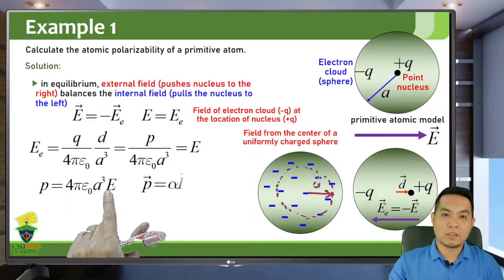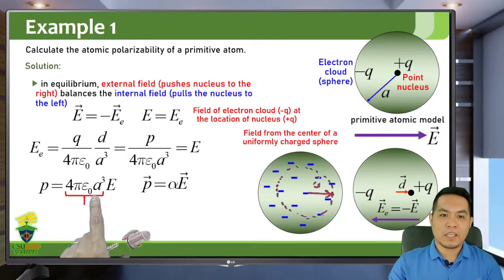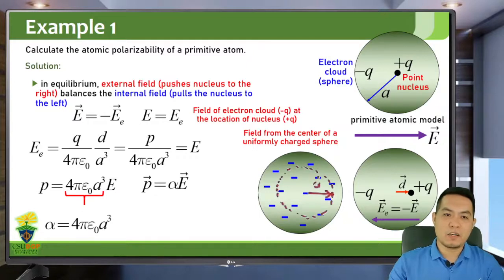If you recall from the generic definition of polarizability, alpha times the electric field, this term here is just our alpha, 4 pi epsilon naught a cubed.